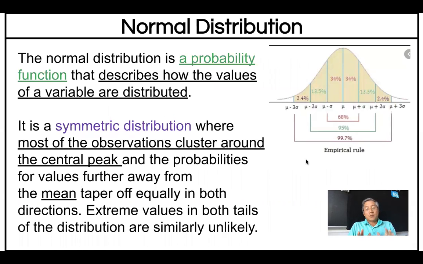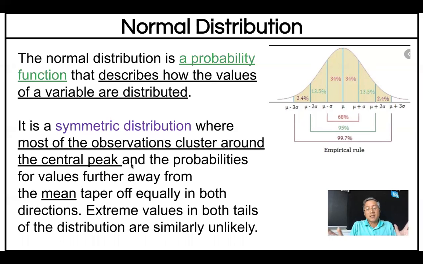So normal distribution is a probability function that describes how the values of a variable are distributed. If any data set is normally distributed, it means it will be a symmetric distribution like this. It's a bell-shaped curve, right? It's a symmetric distribution where most of the observations cluster around the central peak.